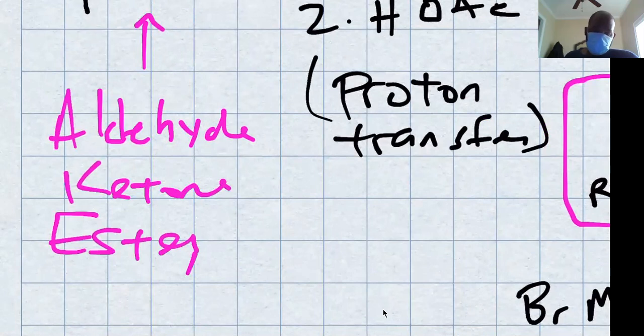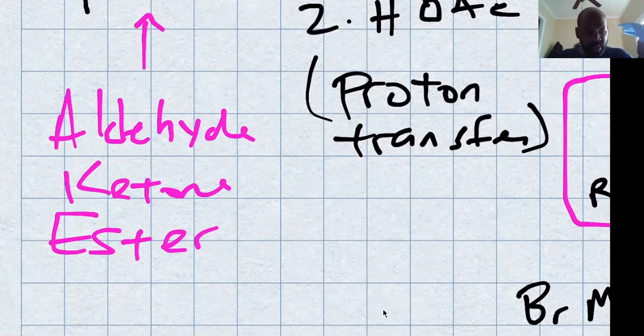One of the things about this section and the sections going forward is you have to remember your functional groups. If you don't remember them, then you're going to need to refresh yourself on them. Because I promise you, when we're talking about these reactions, the functional groups are the basics. So you have to get past that part before you can understand the more intricate parts of this stuff.